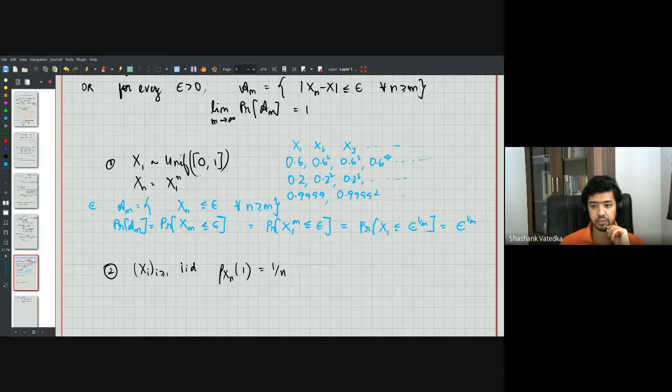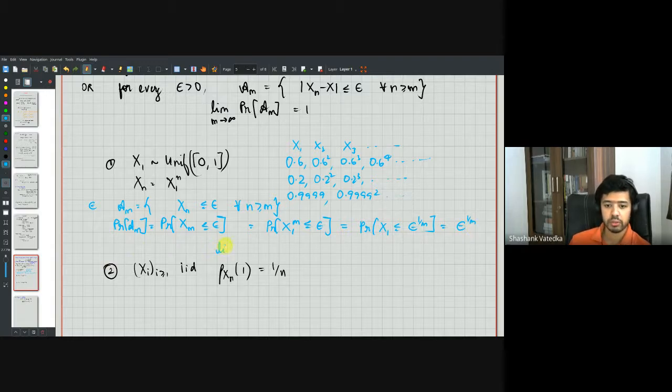It's the CDF, and the CDF of a uniform random variable is just a straight line with slope 1 from 0 to 1. So it's alpha. In this case, the probability of AM is equal to epsilon raised to 1 over m.